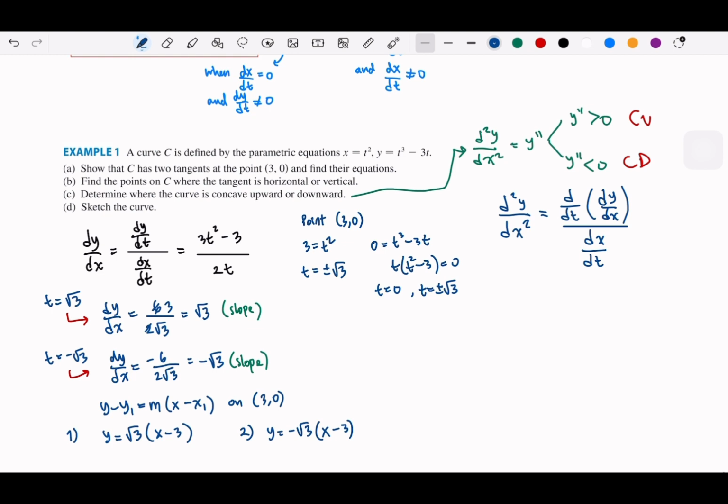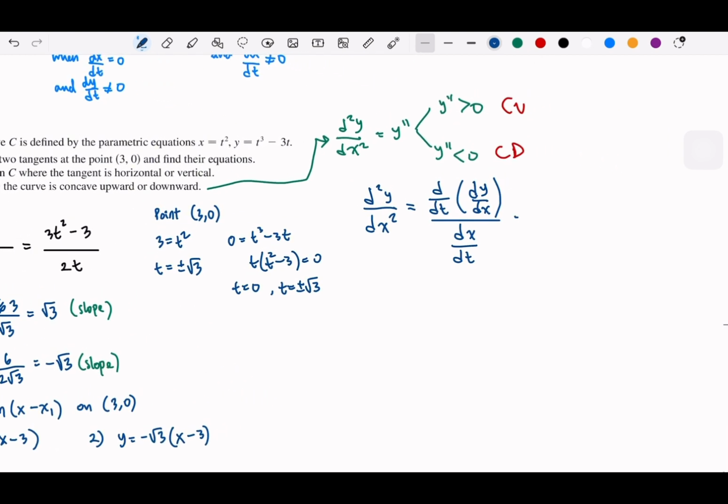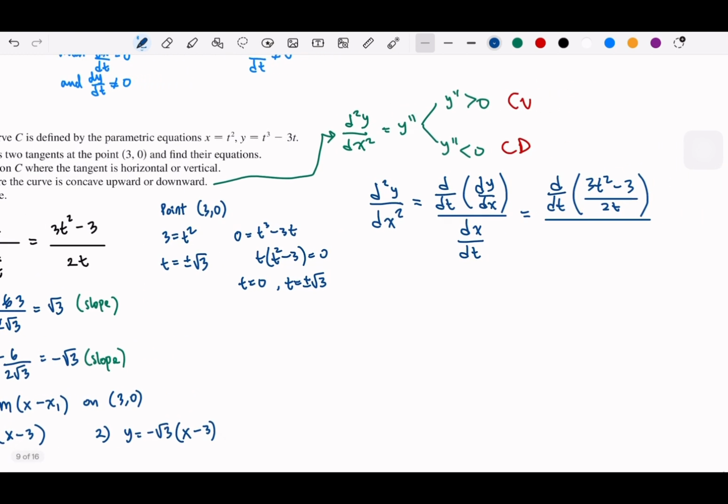Okay, so we are going to write the dy/dx inside here. So let's first write 3t squared minus 3. And then dx/dt is 2t, so we just write 2t.